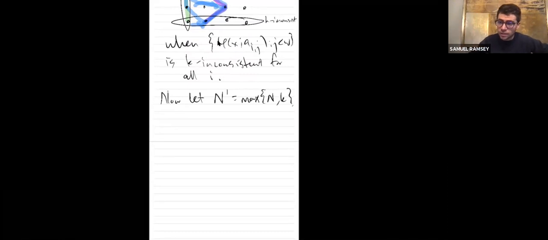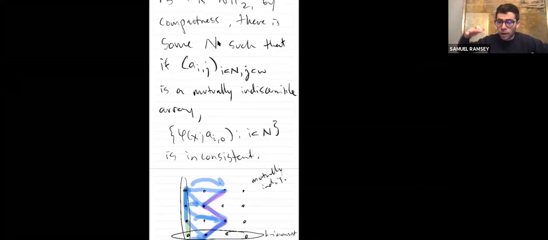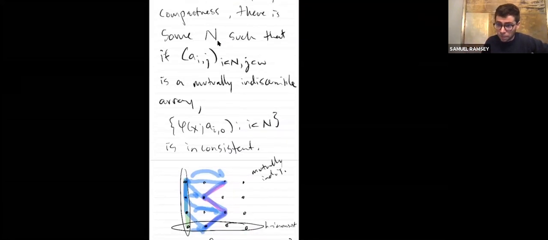So k was given. This is the inconsistency that we have in the definition of the tree property, and now we get this capital N, which tells us how high we can build an approximation to the tree property of the second kind.